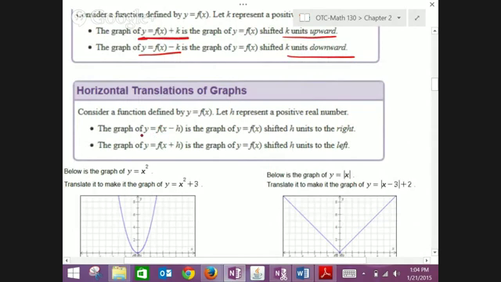If I replace x with x minus h, it's going to shift the original graph to the right. You think, oh, negative, but it's going to the right. f of x plus h is going to shift the graph to the left. It's kind of like you're undoing what you're doing to it.